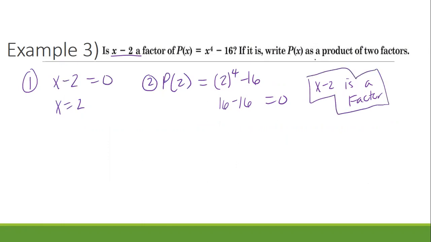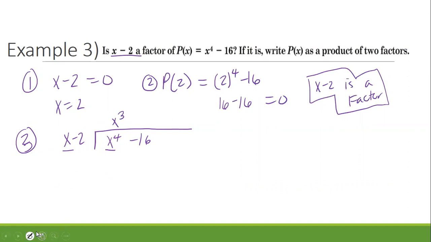And then it says, continue and write as a product of factors. So then we would continue. And step 3, not 2, we would go ahead and do long division. So we have x minus 2 divided into x to the 4th minus 16. So divide x to the 4th divided by x is x to the 3rd.